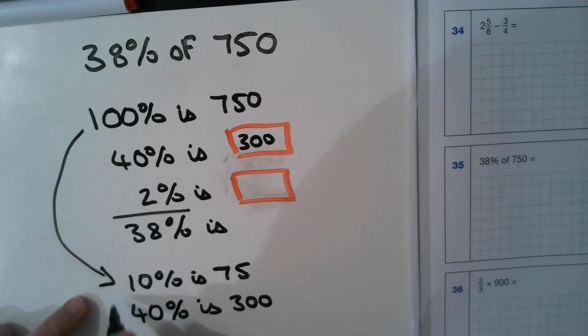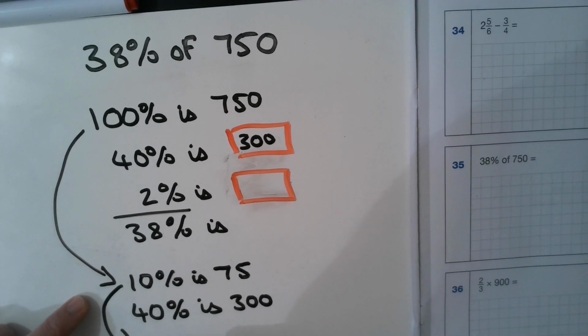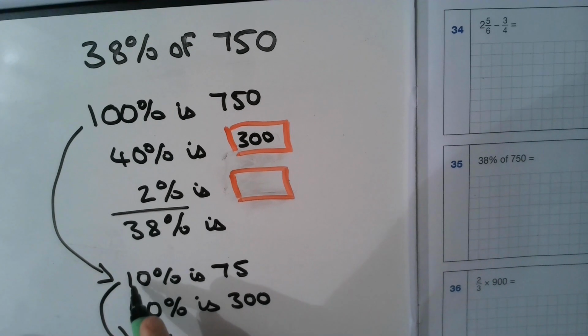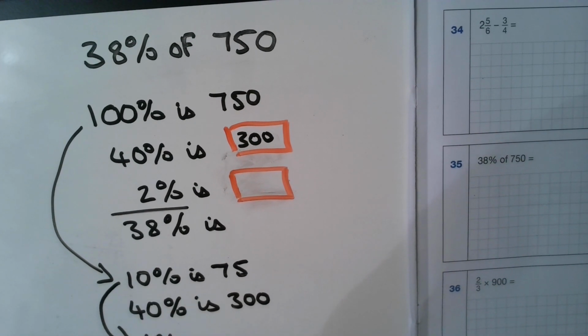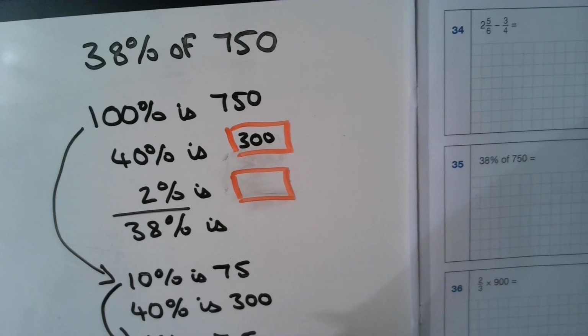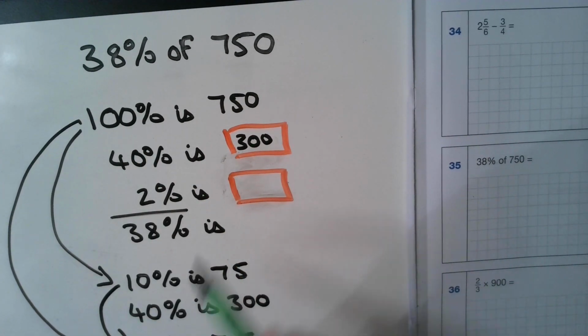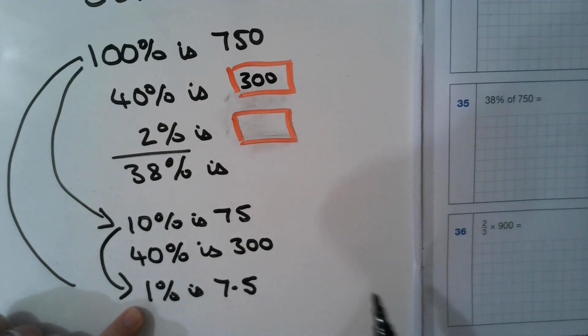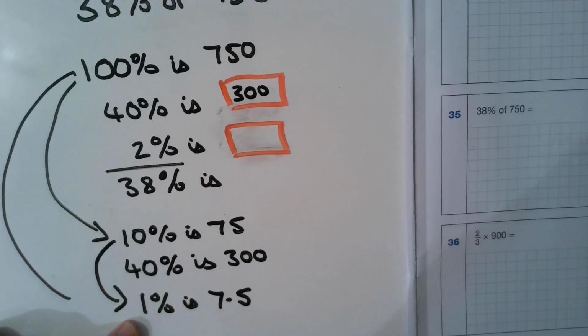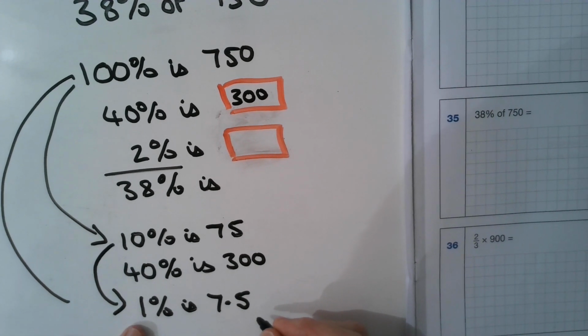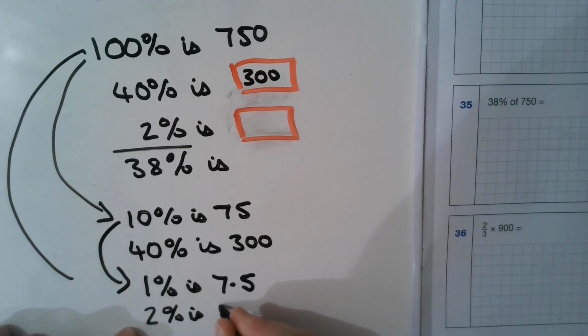And 2%, well, if we know that 10% is 75, to get to 1%, we're going to divide by 10, so 75 divided by 10 is 7.5, or you could go straight and say 100 divided by 100 is 1, so 750 divided by 100 is 7.5. So 1% is 7.5, so 2% is going to be double that.